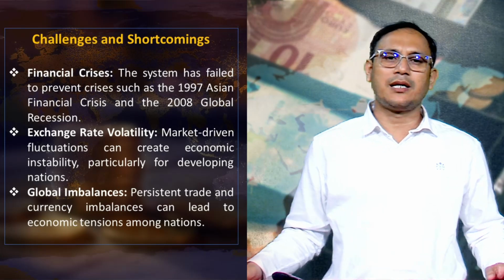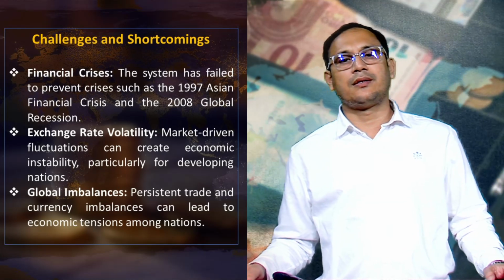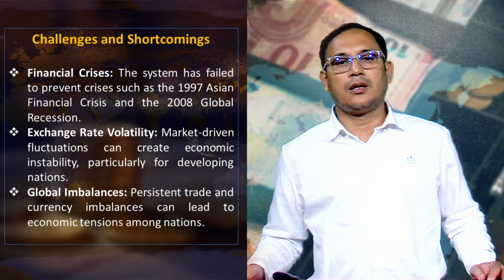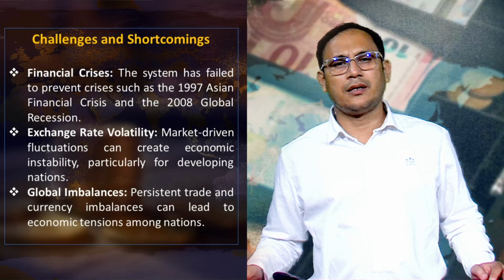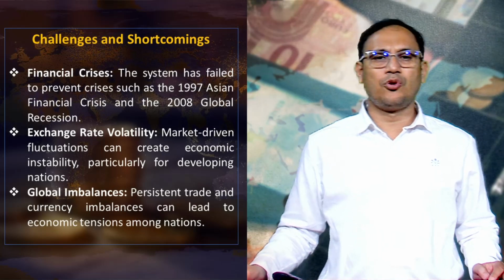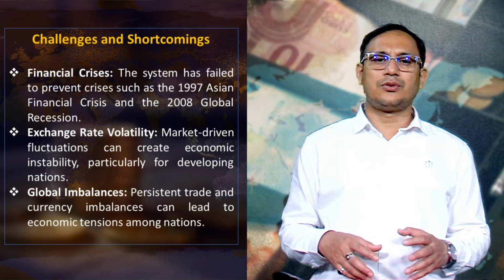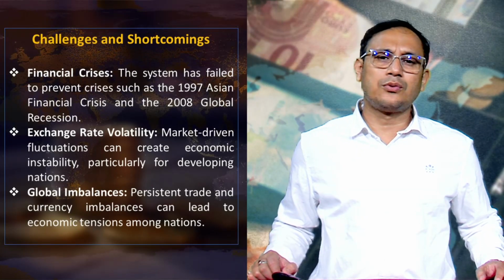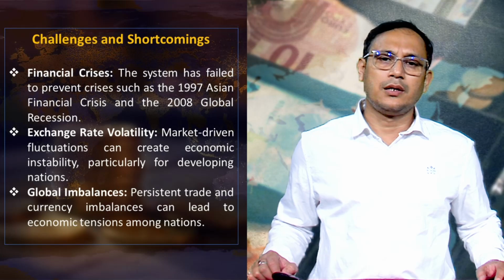We can also give the example of Russia in 1998, where disequilibrium occurred, Brazil in 1999, and the global financial crisis, which impacted almost all the countries during the period 2007 to 2009.